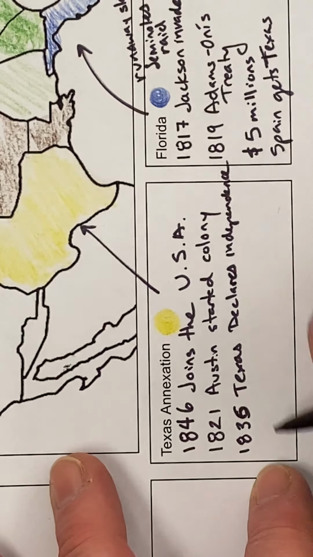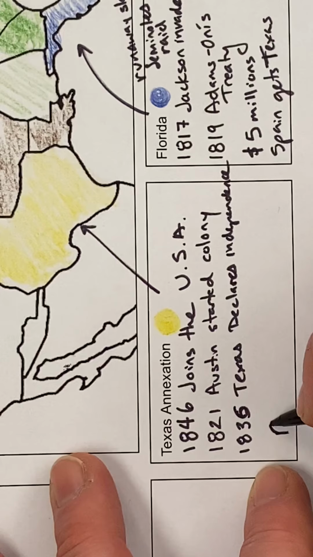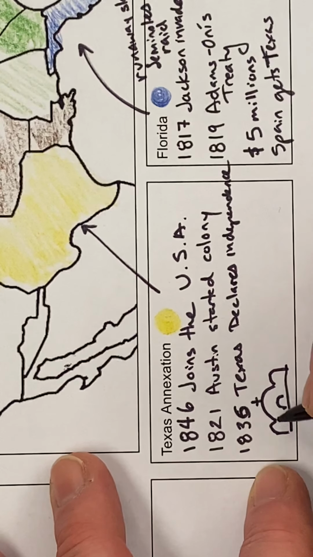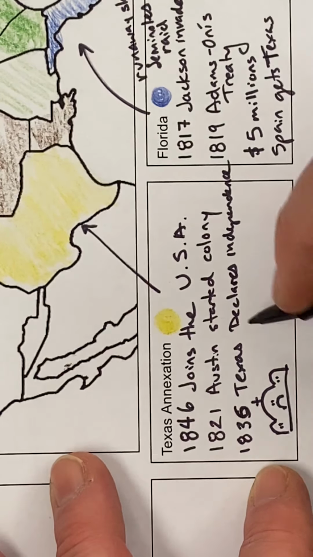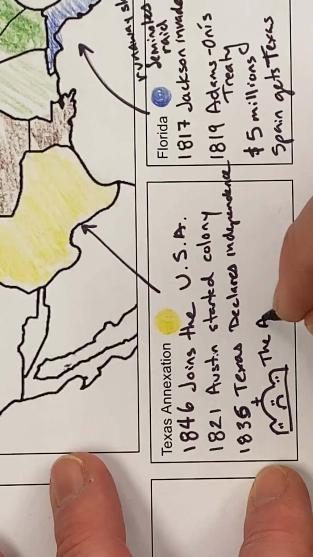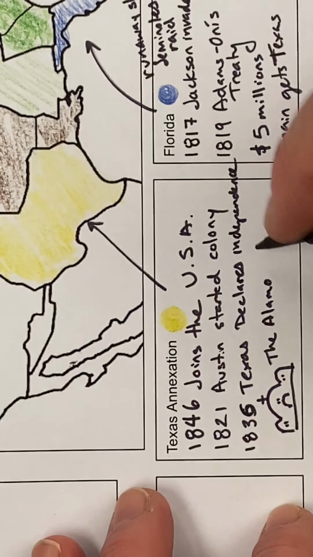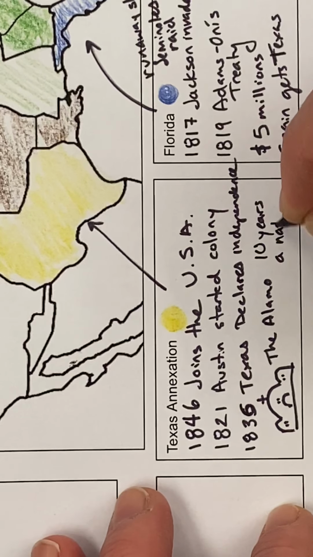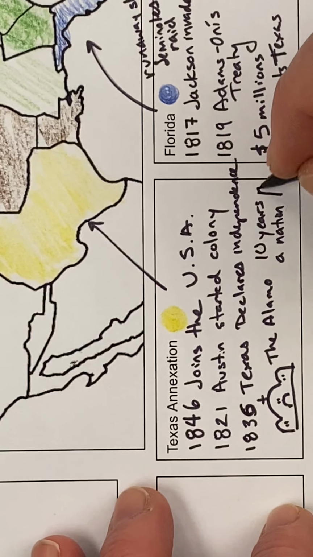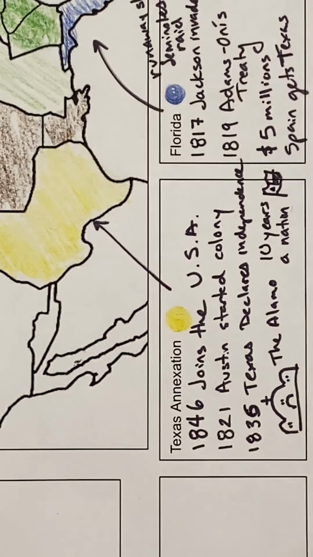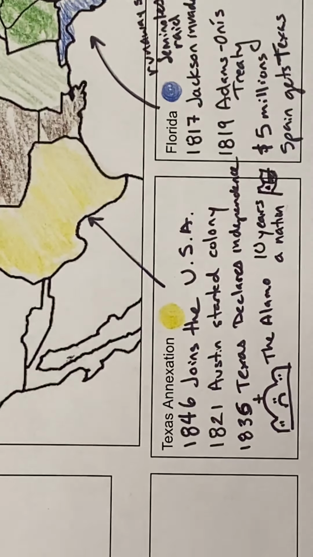So that was the whole Battle of the Alamo. So I'm going to draw a little church thing here. The Alamo. All right. And for 10 years, it was independent. Yay. I guess if you're a Texan, it's yay. If you're Santa Ana, it's not good.